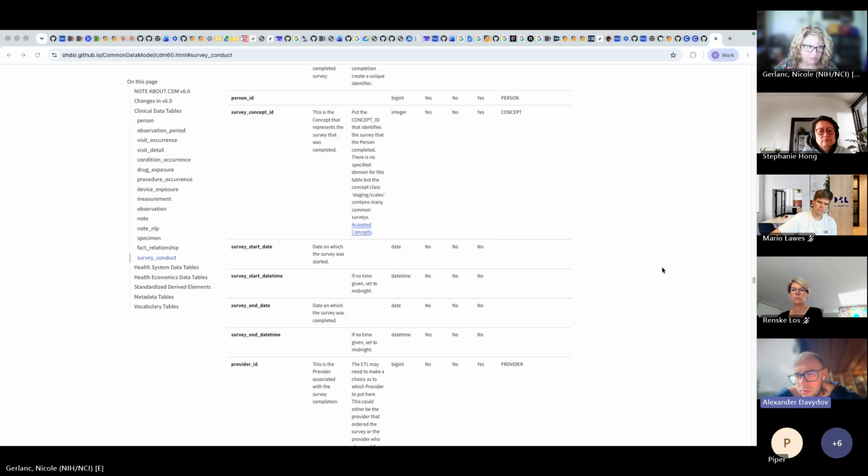Probably this is the information about how the survey was conducted, right? So the temporal context, the time and context, the collection method, all those sorts of things. Exactly how the survey was conducted.